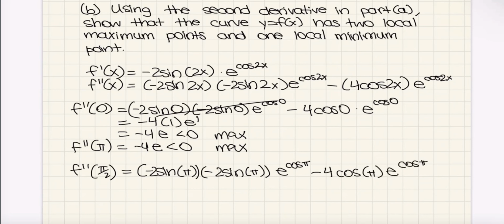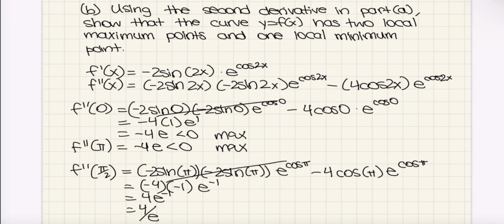Okay, so let's review what sine pi and cosine pi are. Sine pi is 0, so this all gets gone. However, cosine of pi is different. Cosine of pi is negative 1. So in this case, we get negative 4 times negative 1 times e to the power negative 1, which is 4e to the power negative 1, which is 4 over e.